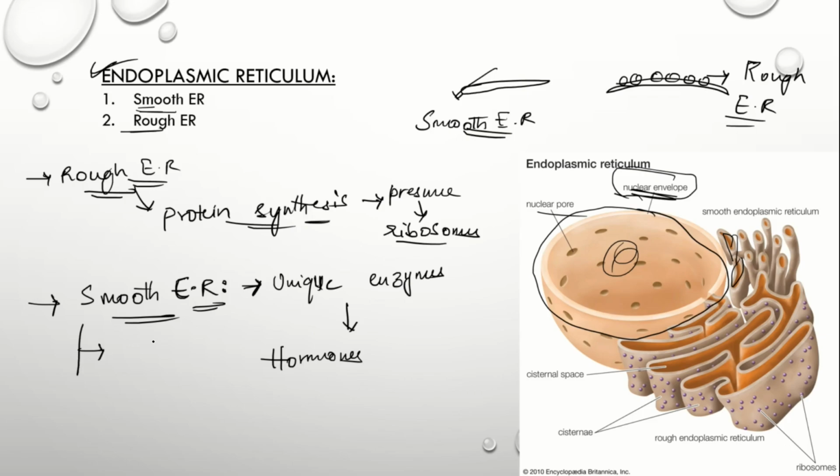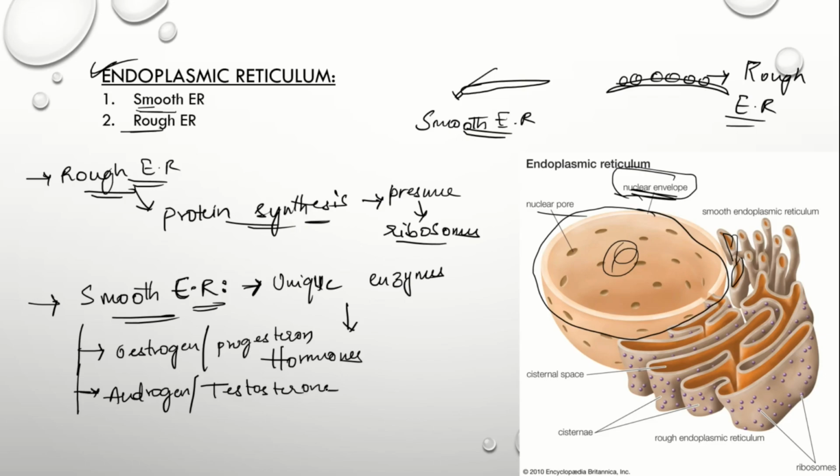What hormones will the smooth endoplasmic reticulum be synthesizing? There are a lot of functions that it gives to the cell. The first is the production of the hormones estrogen, progesterone, which are main hormones in the human body, and also androgen and testosterone.